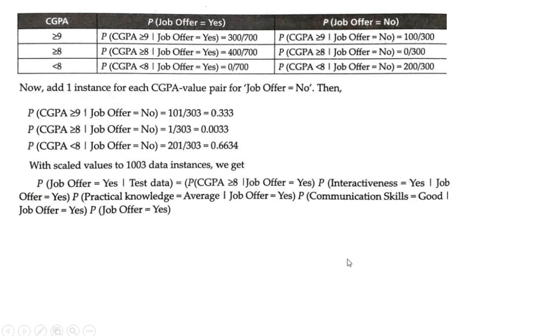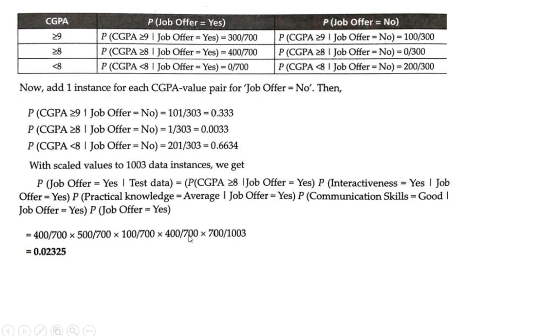So now let's again apply the NAIVE Bayes problem. Instead of having 7 here, my original problem will now change. So the last one is probability of CGPA greater than or equal to 8, job offer yes. That means here I am getting 400 by 700, which I put here.